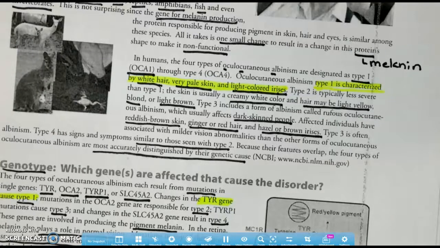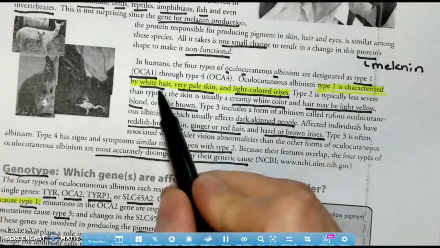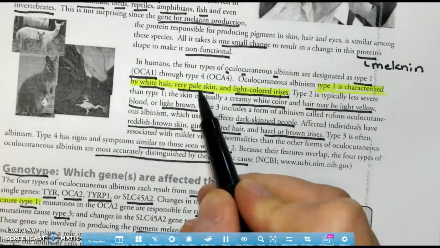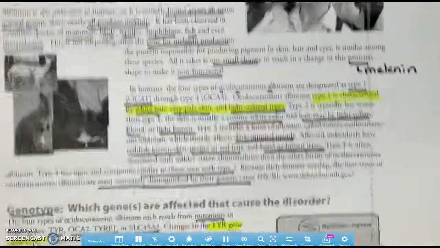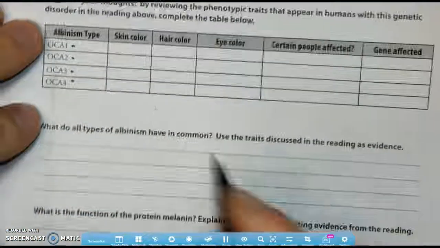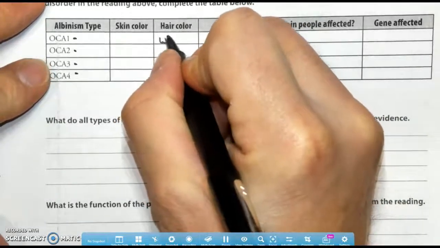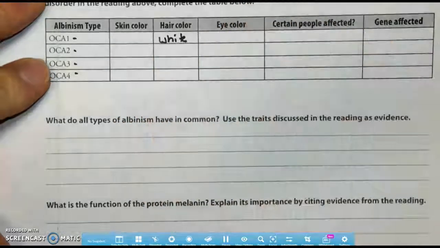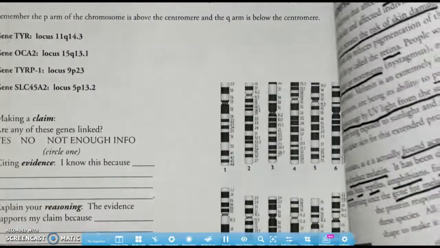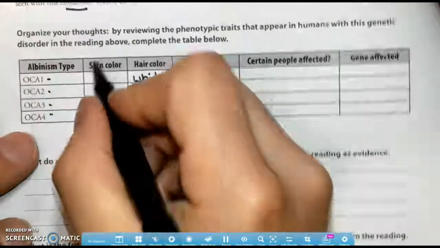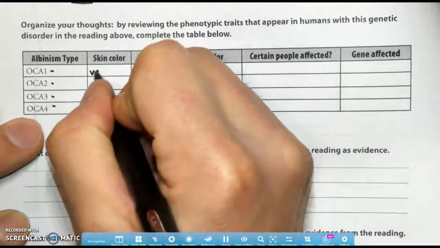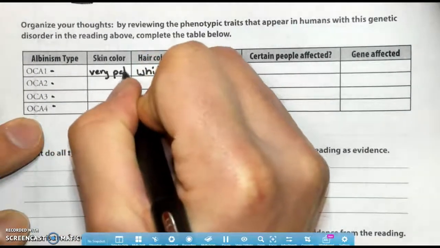So it looks like type 1, white hair, very pale skin, light colored irises. Hair color was white. Skin color was very pale.